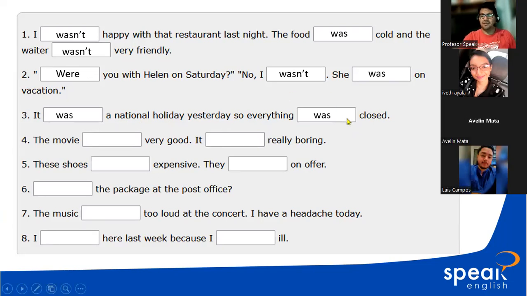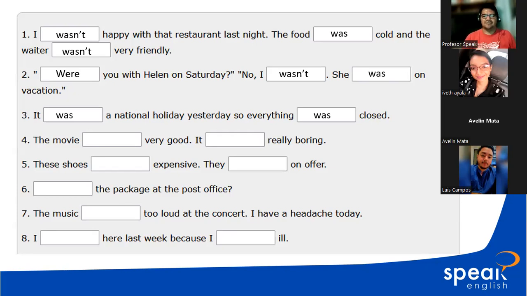Was. For example, yesterday was the 4th of July in the United States, and that is a national holiday. So you can say it was a national holiday yesterday, so everything was closed.